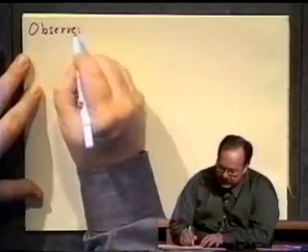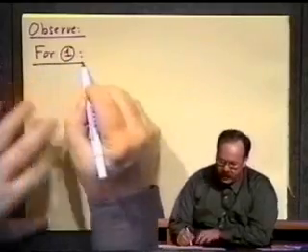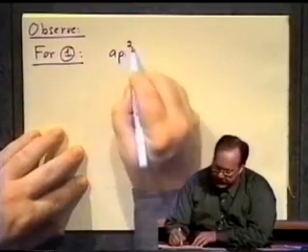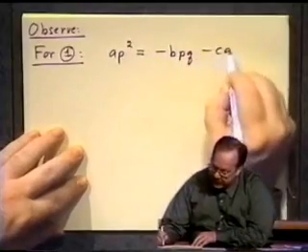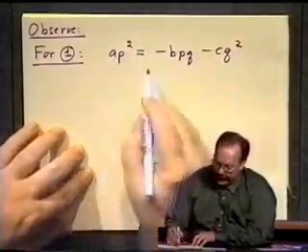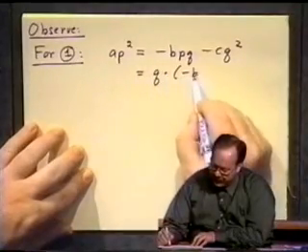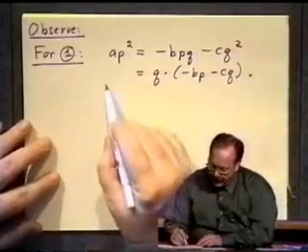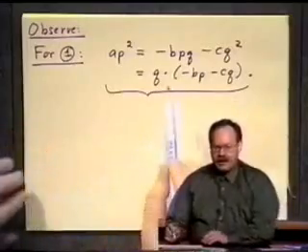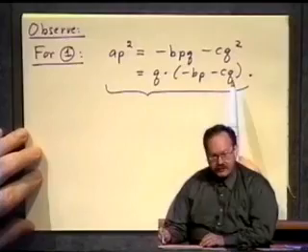So here I want to observe what happens in each of these cases. For 1, if I move those across, I end up with ap squared being isolated, and on the right I have minus bpq minus cq squared. On the right I can factor out the common factor q, so I have q times minus bp minus cq. Now observe from this, q divides the right-hand side, because q is a factor there.